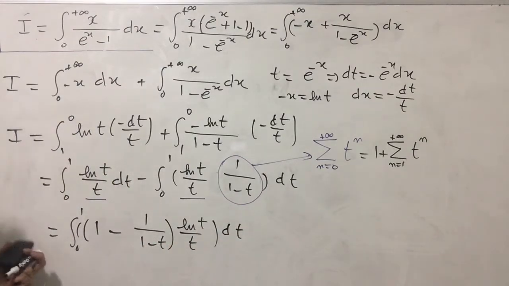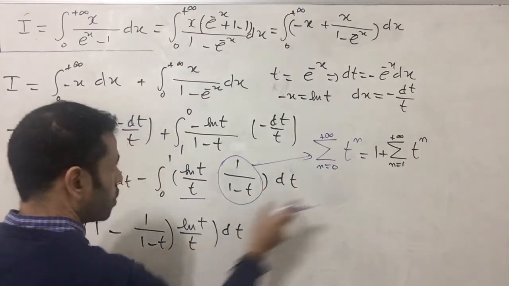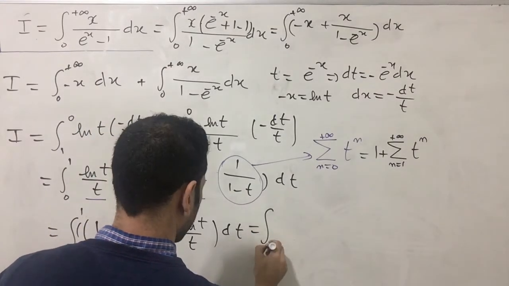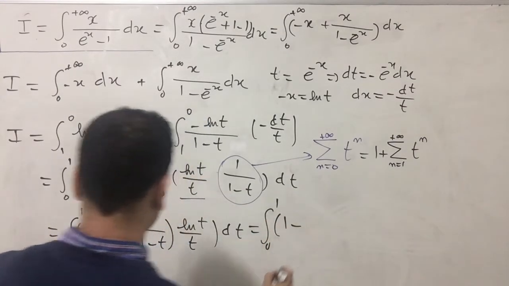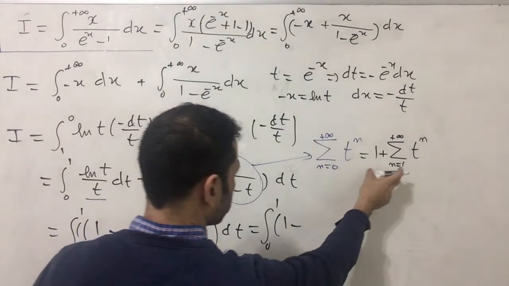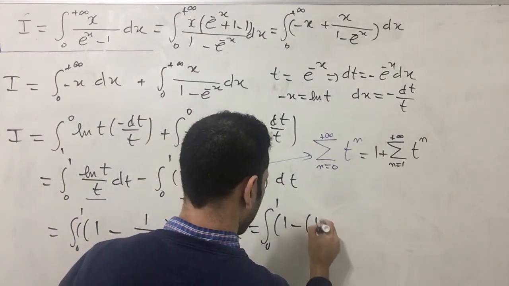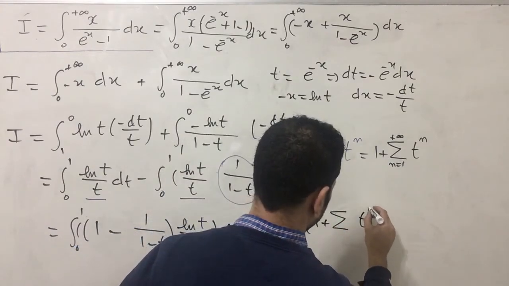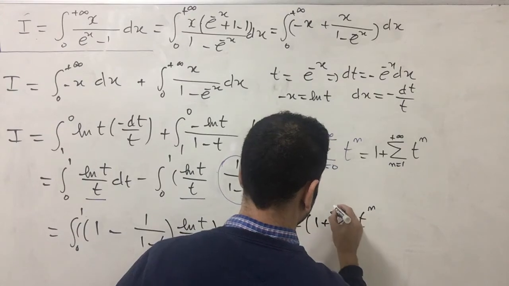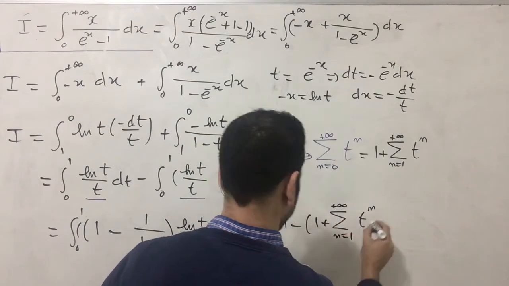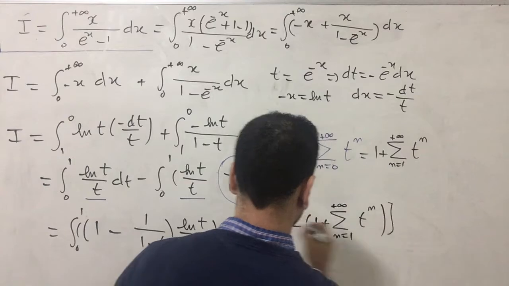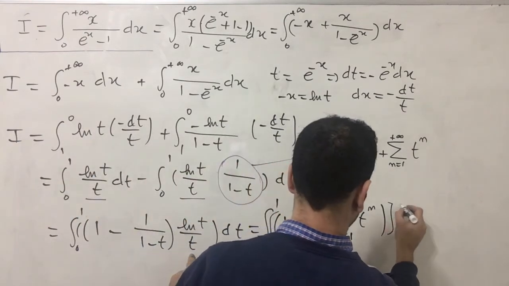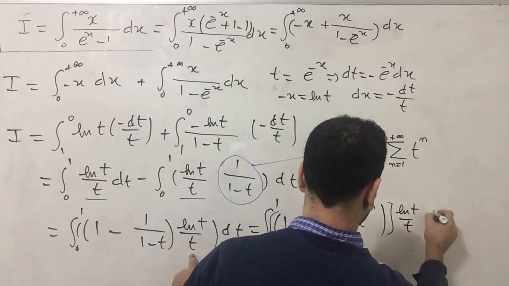As we said, we are going to replace this one with this one, so I will have my integral from 0 to 1 of 1 minus this term, which is 1 plus the sum of this geometric series t to the n as n goes from 1 to plus infinity, the whole thing is multiplied by natural log t over t dt.